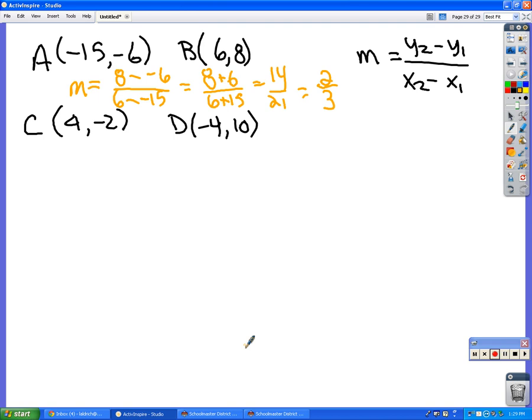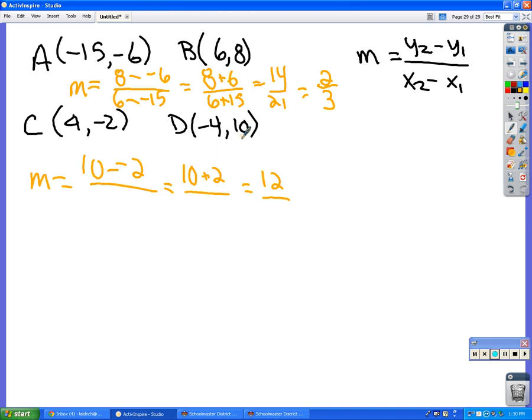Okay? All right, let's do that same thing now to figure out the slope of line CD. What do I do first? y2 minus y1. So in this case, that would be 10 minus negative 2, which is really 10 plus 2, which is 12.